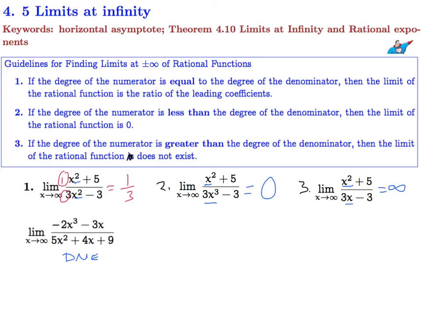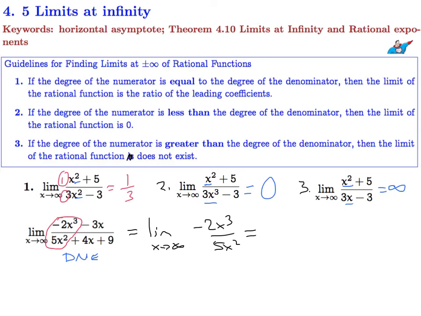But we can be a bit more precise here. The key to this theorem is realizing that if you're only dealing with polynomials, this other stuff doesn't matter. All that matters is your first terms. So this limit is going to be the same as if we only looked at the first terms, which is negative 2x cubed over 5x squared.